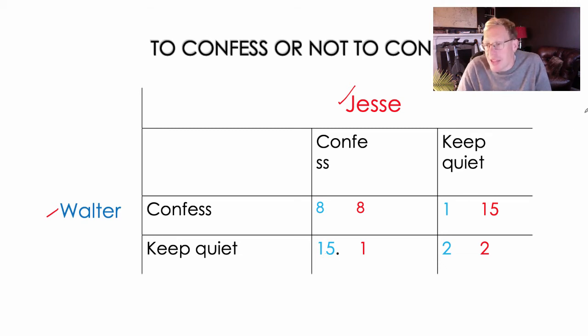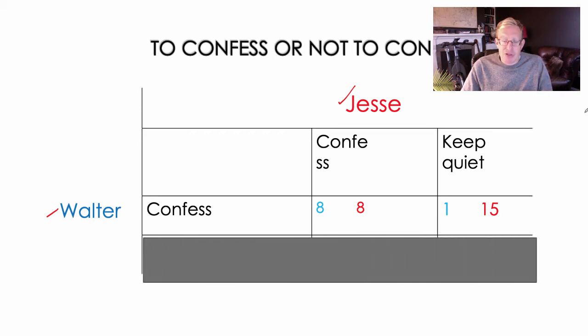So how do we get to the equilibrium in this matrix? Let's take a look at the dominant strategy possibilities here. So let's say that Walter pledges to confess. He makes a blood pact with Jesse and says, if we ever get arrested, I will confess. I'll tell everything.